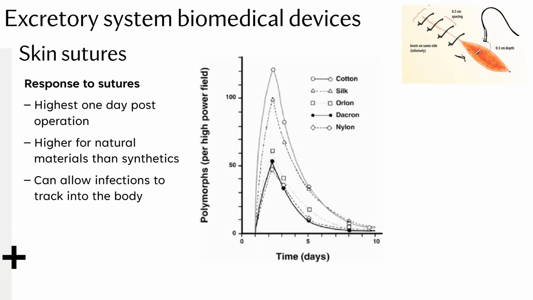And here you can see the variations in the polymorphs in the thread region. You can see that it peaks at around 1 day and then suddenly starts dropping beyond that. And we'll talk about what this means in more context later.